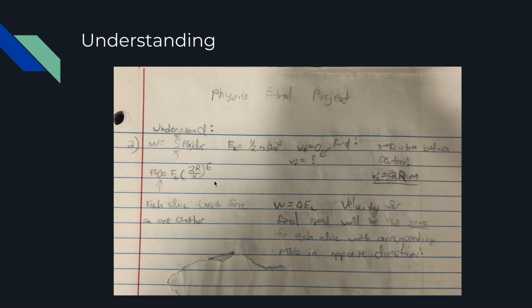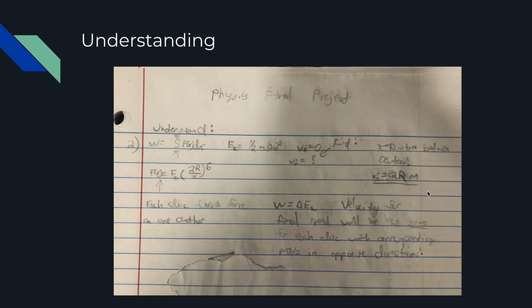The final velocity is going to be what we're trying to find. Initial velocity of this system is 0 because the objects are being held together. And also, it is nice to note that the integral of force, or work, can be set equal to the change in kinetic energy of the system, which is pretty useful, which is what I will use to find the velocity of each disk.